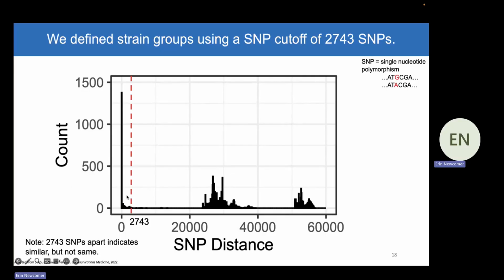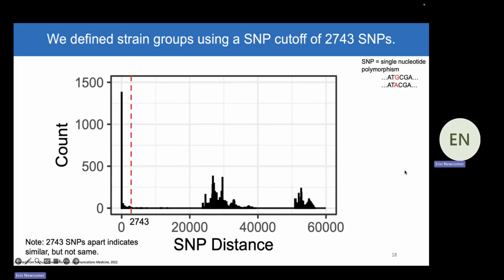You can see we get this distribution where we have a larger hump of comparisons in the middle, and then two different groups, either at very low SNP distances or very high SNP distances. To get a broad look at similar strains, we set a pretty loose SNP cutoff of 2,743 SNPs.